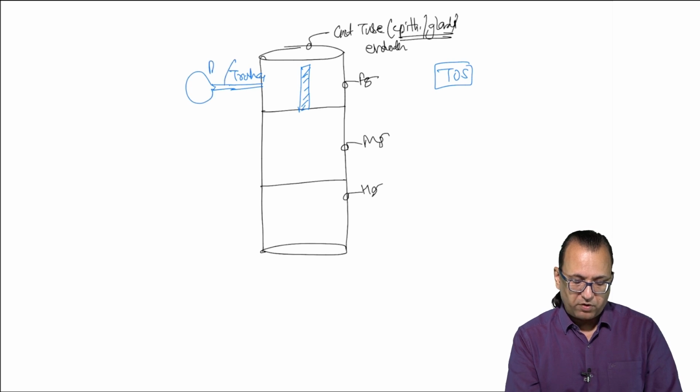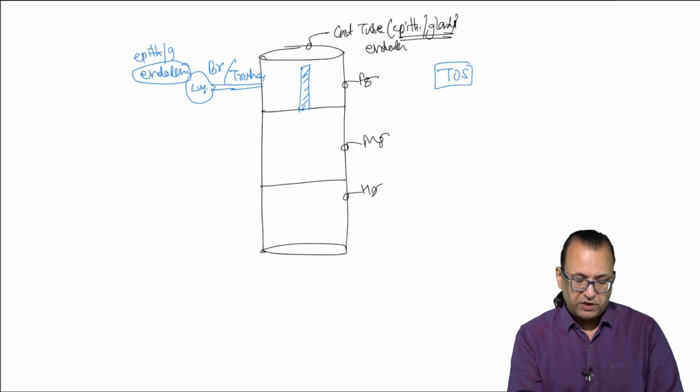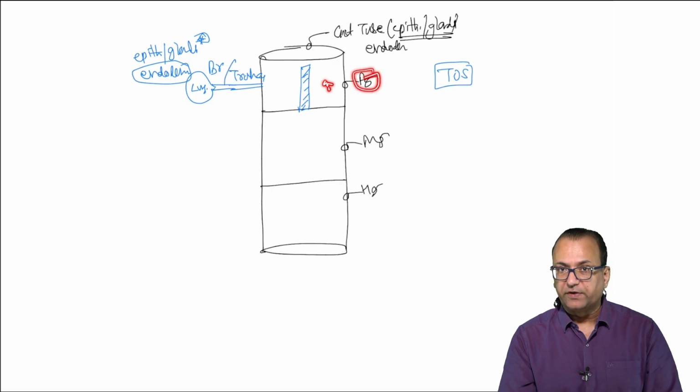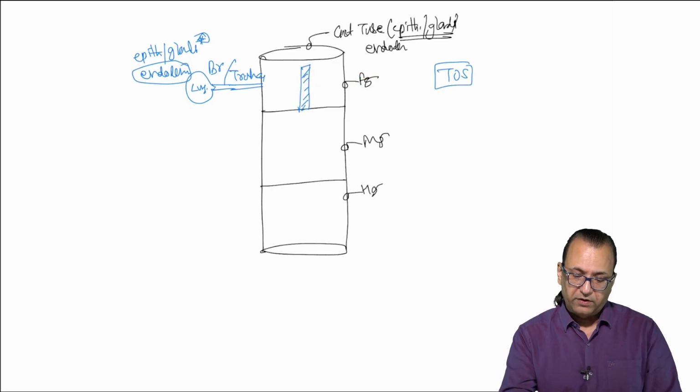So trachea, bronchus and lungs are all from endoderm of the foregut, and not only their epithelium but also glands, of the respiratory tube, whereas posteriorly it will be the foregut part, that is esophagus. That is why it is called tracheoesophageal septum. So in front we see trachea is developing, behind is developing esophagus.